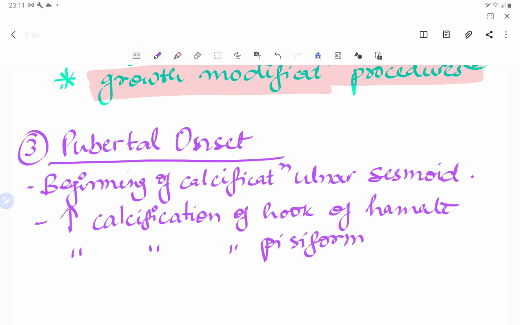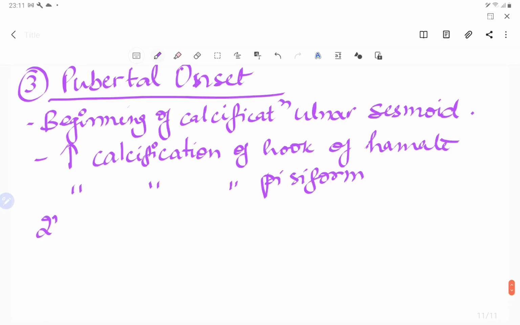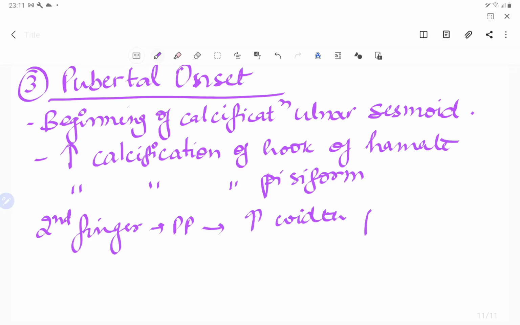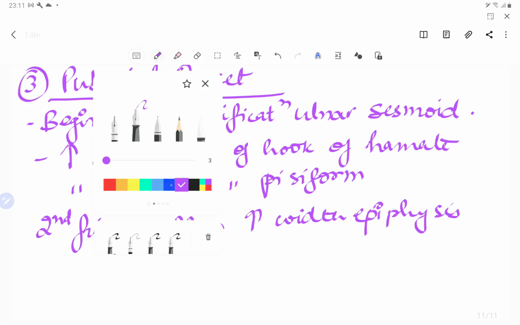And now what happens in the proximal phalanx of the second finger? There is increase in the width of the epiphysis. Right, so this is the pubertal onset.